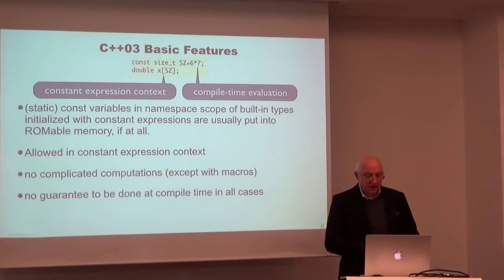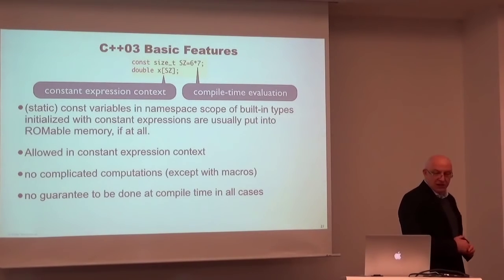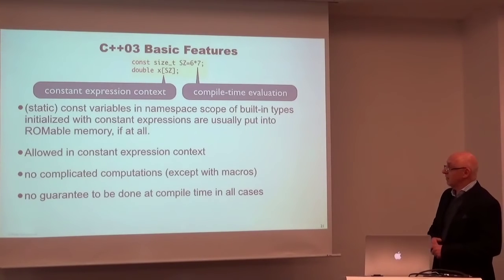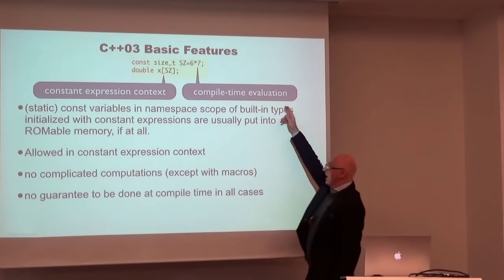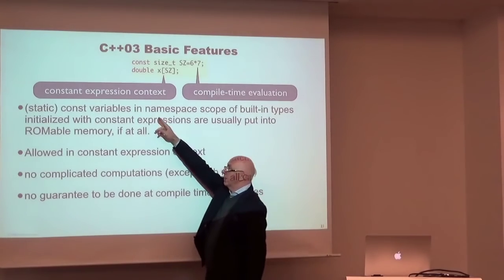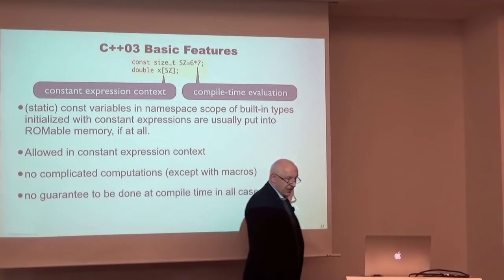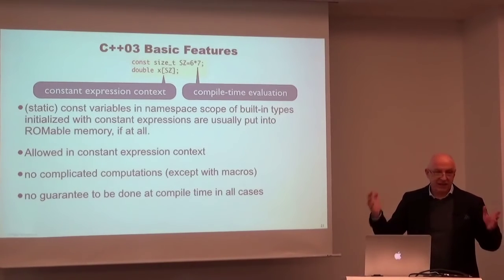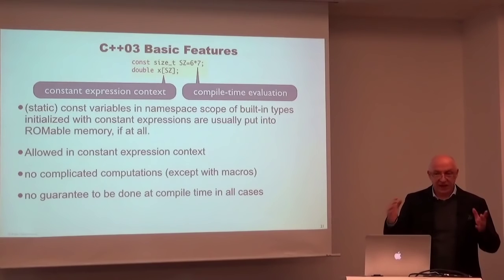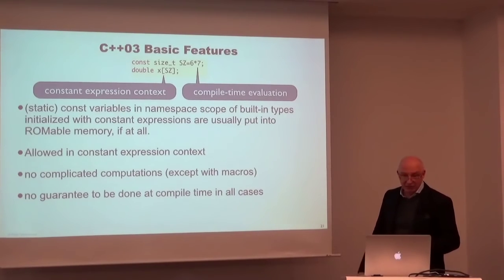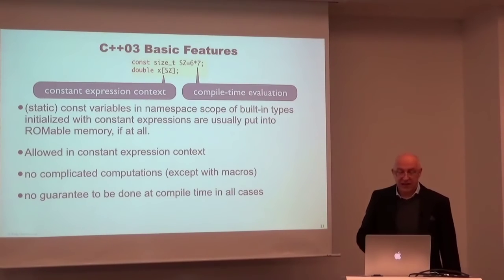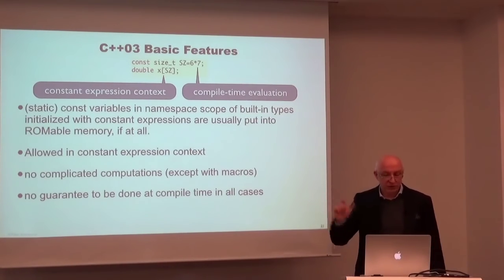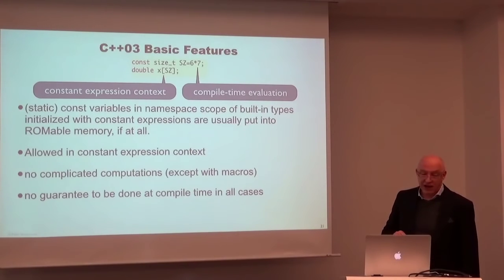Just a reminder, some terminology. We can have compile time evaluation, and there's something called a constant expression context, like the array dimension, the array extent, when you define an array. In C++, this has to be compile time computable, and our sz variable is actually compile time computed, so I can create an array of its size.